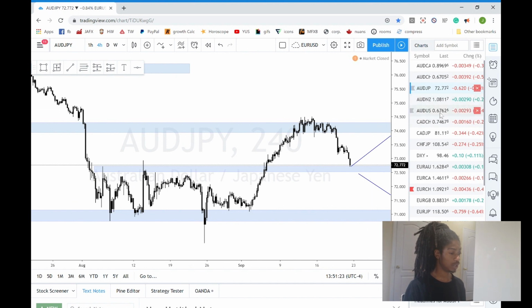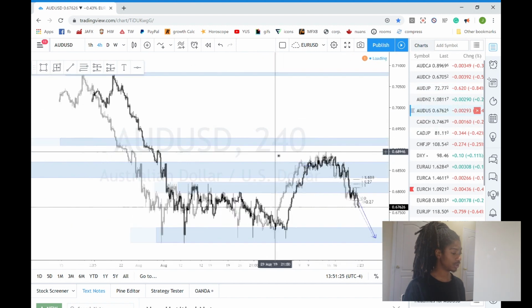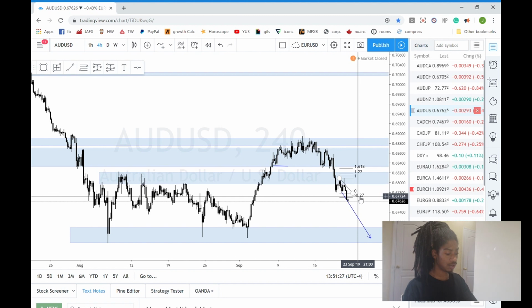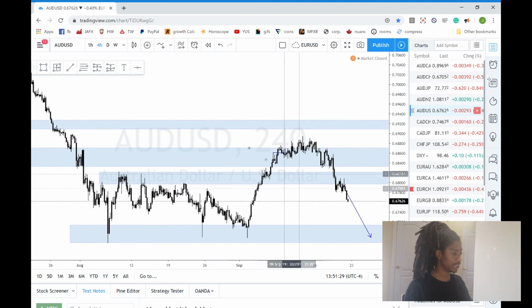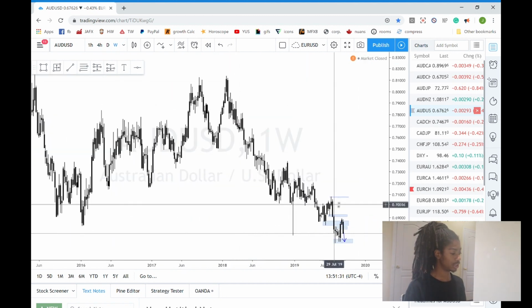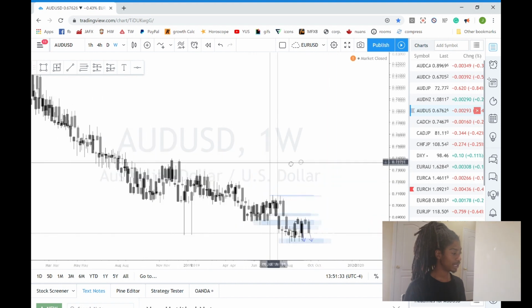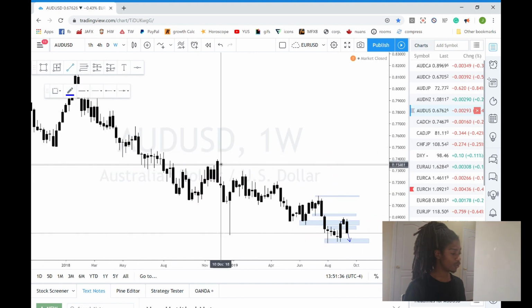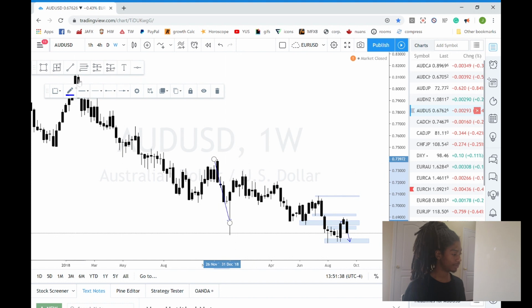So we're starting off with Australian US dollar. Right now, I'm not going to touch on the Fibonacci, just general direction. Seeing from the weekly time frame, we can see the overall market structure being down.